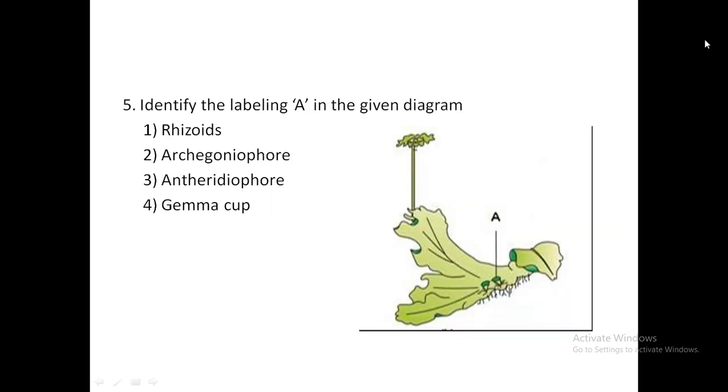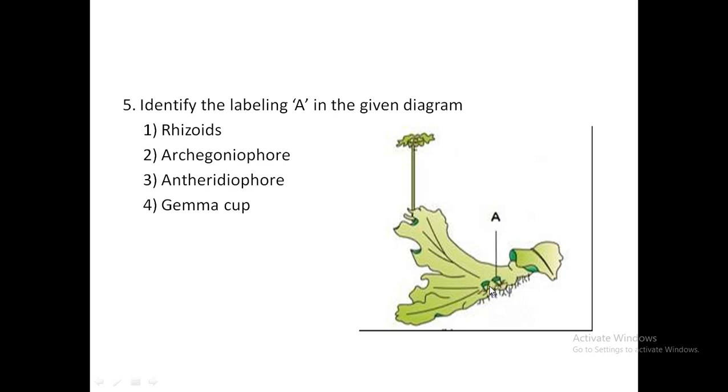Next, identify the labeling A in the given diagram. Here the answer is gemma cup. The given diagram is of the male gametophyte of Marchantia. Marchantia is a liverwort, which belongs to the bryophyte group.